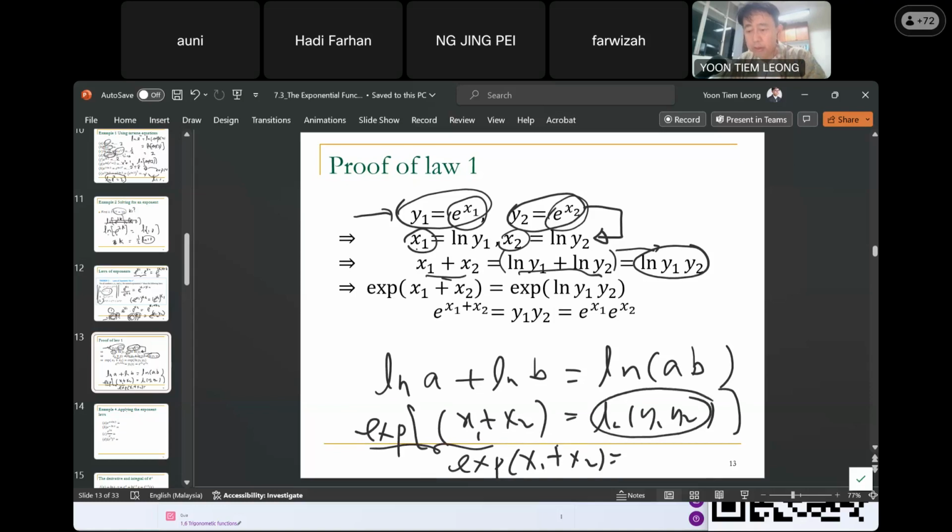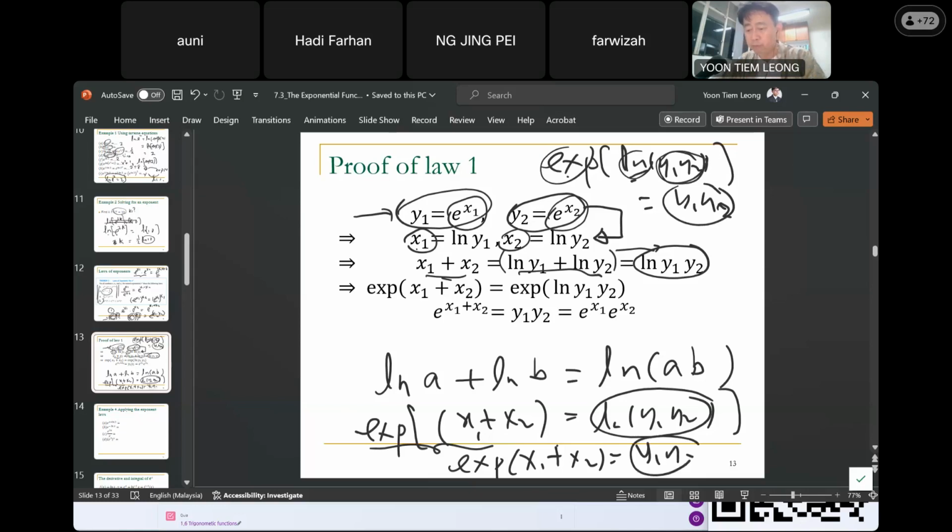When you take the exponential function of the log of y1 y2, what you get is just y1 y2. Can you see that you originally have y1 and y2, you put them into the logarithmic function, then you take the exponents of it. So taking the exponents is like taking the inverse of the log. Therefore, you start out with y1 y2, go into a log, then go to exponential, and you end up at the same place, y1 and y2.